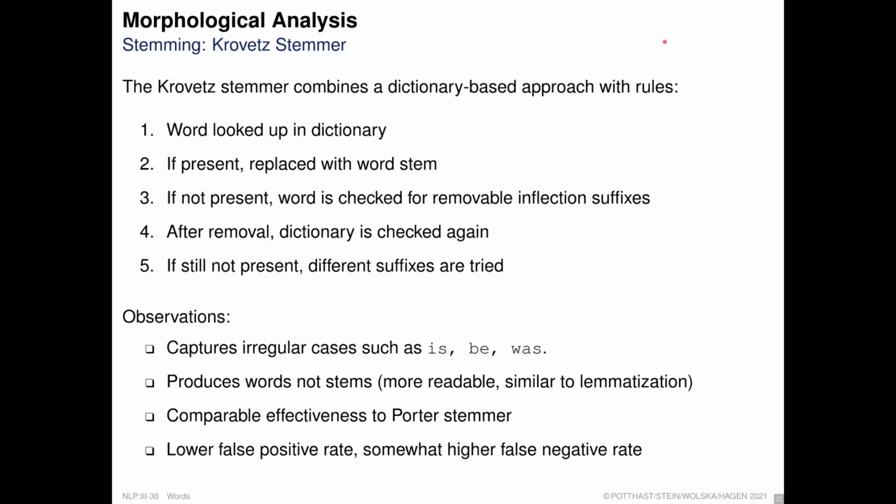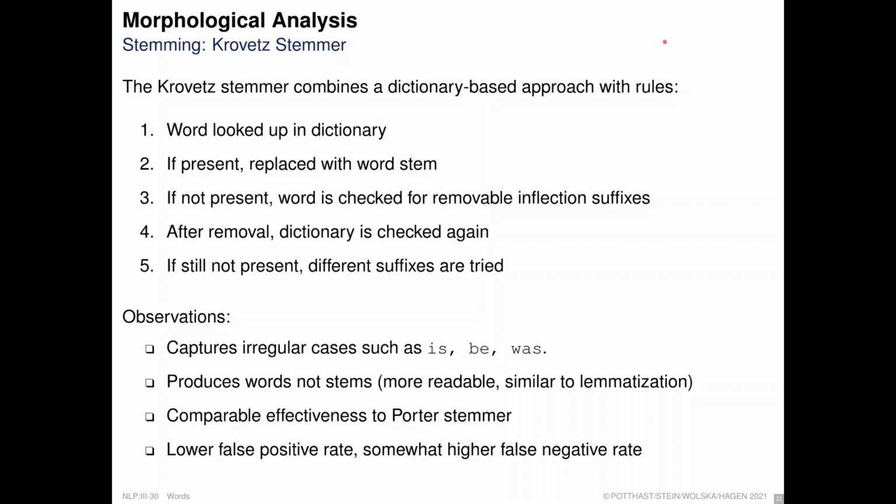If it's not present in the dictionary, then the rules for removable affixes are applied. And after the application of those rules, the dictionary is checked again. And if it's still not found in the dictionary, after removing those affixes in this previous step, the base form should be obtained. If this base form is not found in the dictionary, then a different suffix is tried.